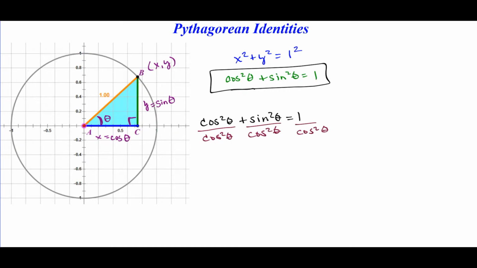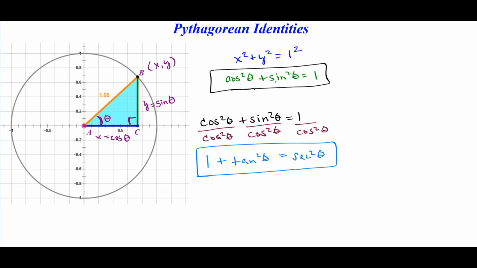Then I'm going to use my basic identities to simplify. Cosine squared theta over cosine squared theta is just 1, plus sine squared theta over cosine squared theta is tangent squared theta, equals 1 over cosine squared theta, which is the same as secant squared theta. So this is one of my corollary statements to the Pythagorean identity.